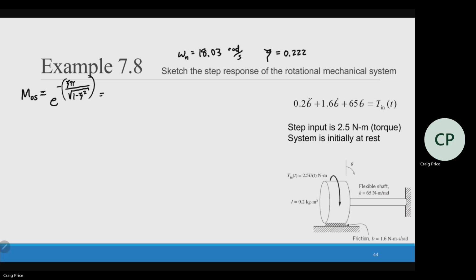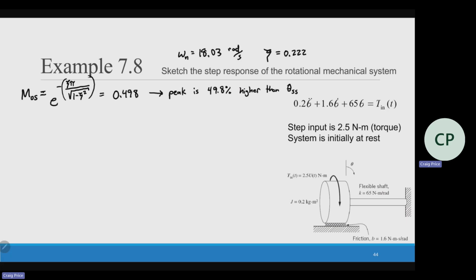And that should equal 0.498. So what this means is that the max peak, the first peak, is going to be 49.8% higher than my steady state value.